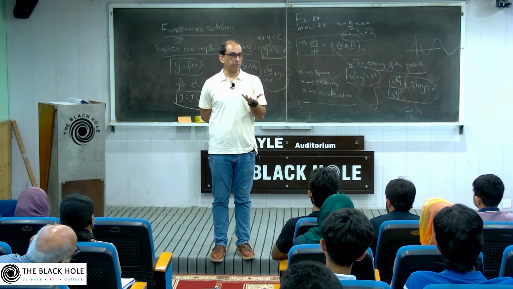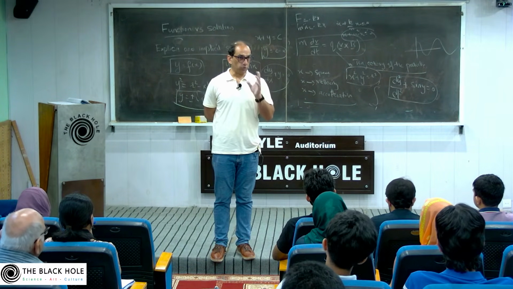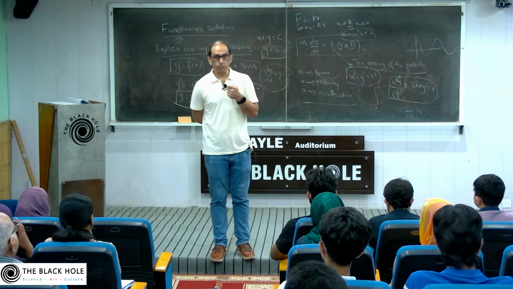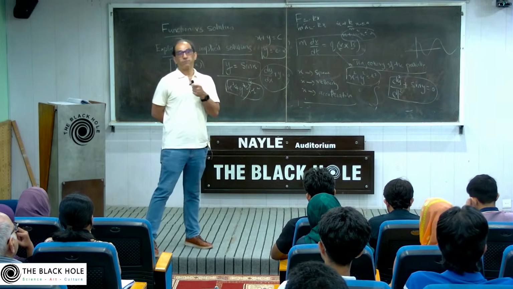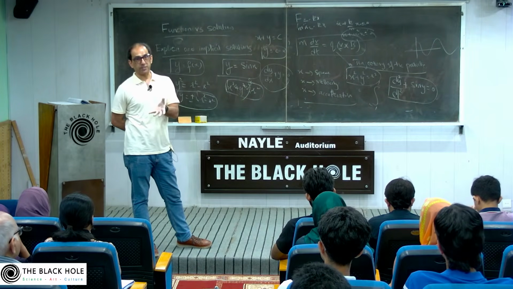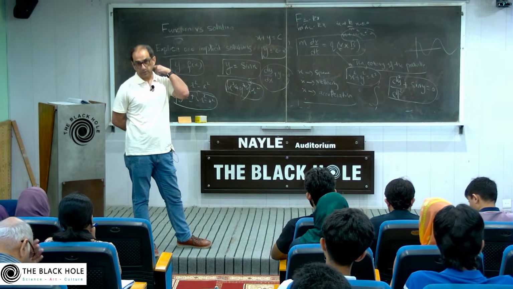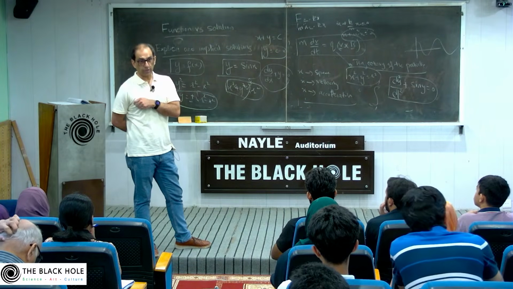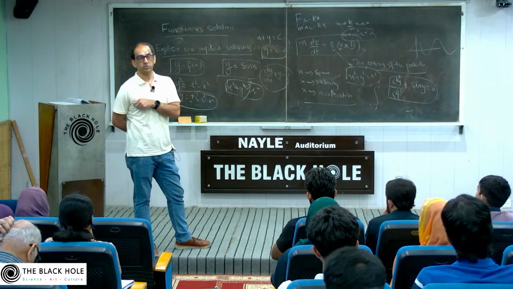So physics is a game of approximation. When you don the hat of a physicist, you ought to be smart enough to understand which terms will make sense in this particular system and which terms you can afford to throw away. You can get a very good answer to the reality.